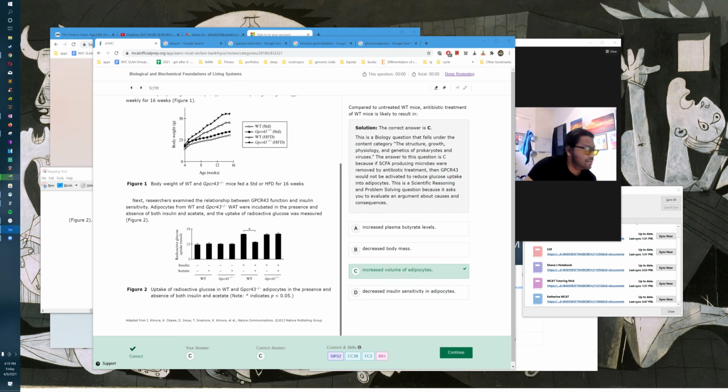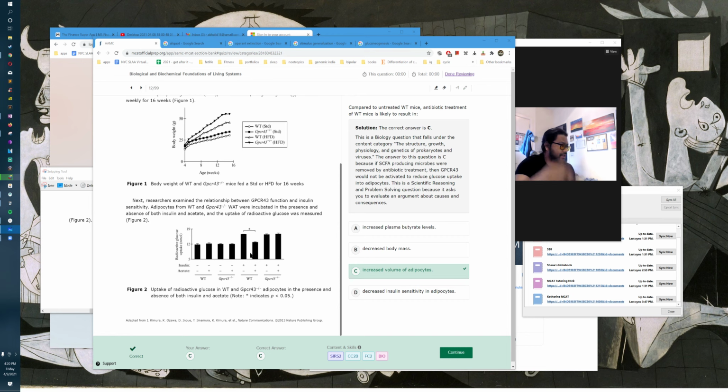Yeah, like from the last question, the presence of acetate makes the uptake of glucose lower, and insulin works to take up glucose from our blood.